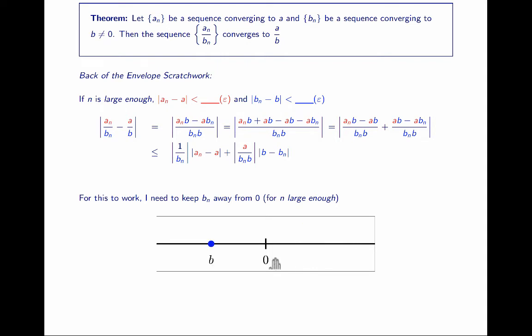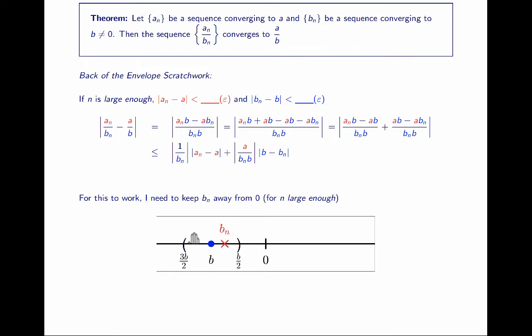And the same is true if b is negative. If b is negative, if n is large enough, I can show that bn falls in any neighborhood I want of b. Specifically, I'm going to b plus b over 2, which would just be b over 2 if b is negative, and b minus b over 2, which would just be 3b over 2 again if b is negative.